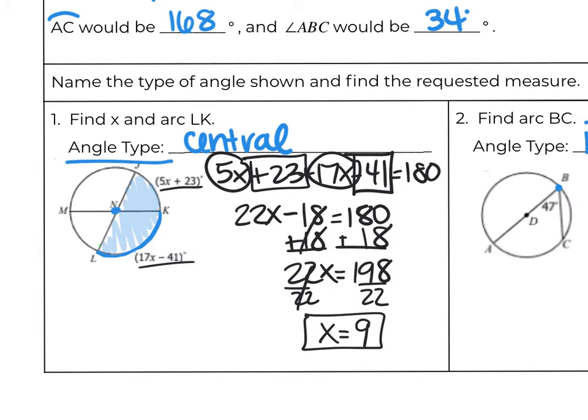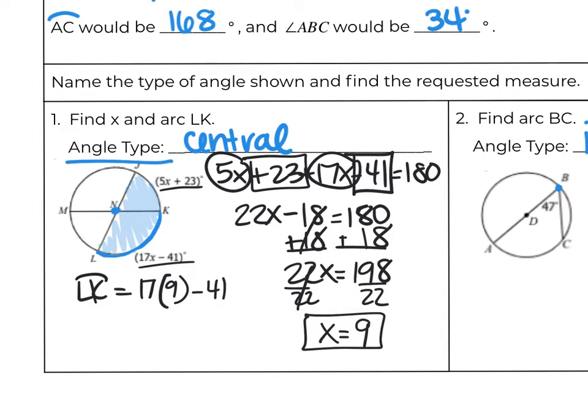What do I do to find LK? Arc LK. Caden? You plug it in. Plug it in. So LK is 17x minus 41. So after 17, I'm going to put parentheses 9 because 17x means 17 times 9, minus 41. Type this whole thing in your calculator. You just type it as one expression.